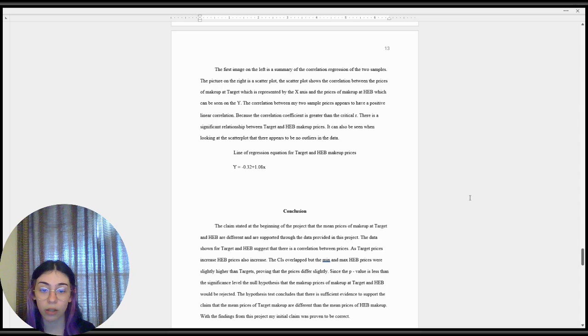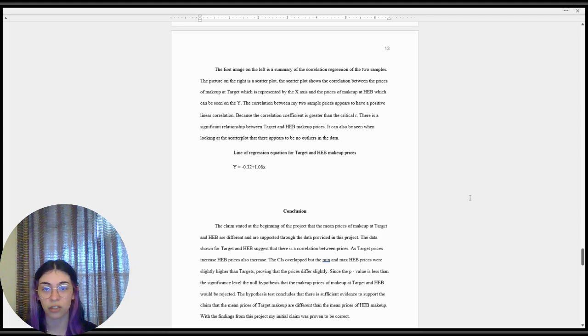And then we get to our conclusion of the project. So, concluding, this project supports my hypothesis that the mean makeup prices at Target are different from the mean makeup prices at HEB. And this is supported by looking at all of the data above.